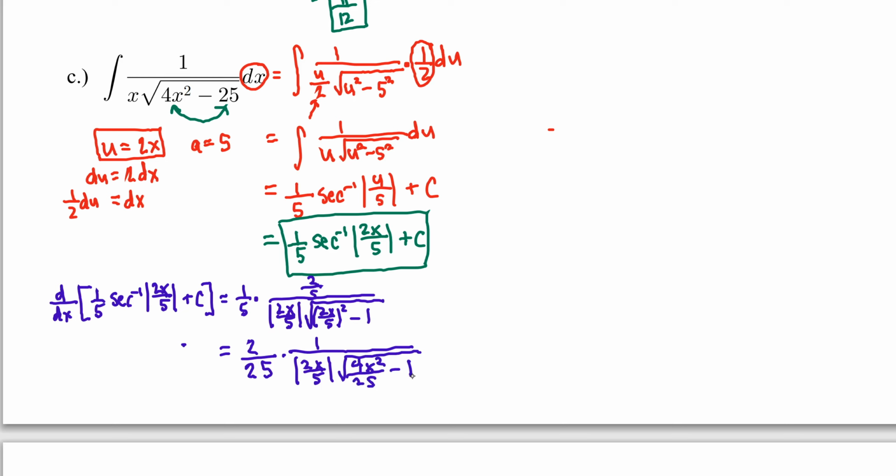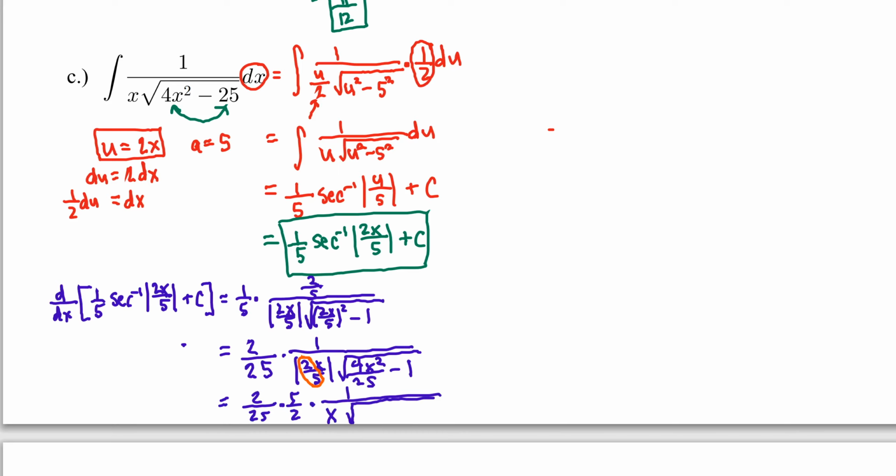Now, notice right here, we have 2x over 5, and it's in the denominator. Well, if I'm dividing by a fraction, which is what it being in the denominator means, then I could also multiply by its reciprocal. So this is going to look like 2 over 25 times 5/2 times 1 over x times the square root of all this stuff here.